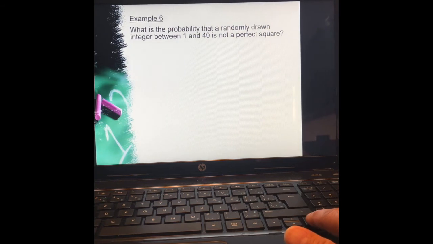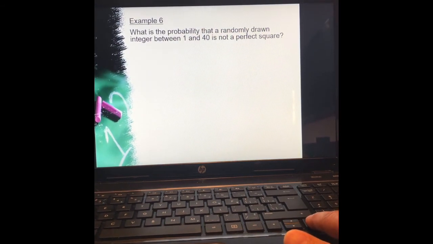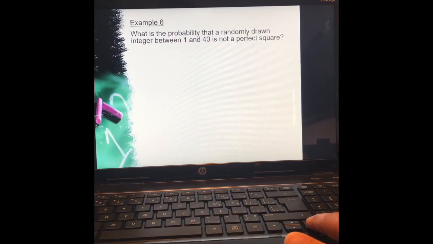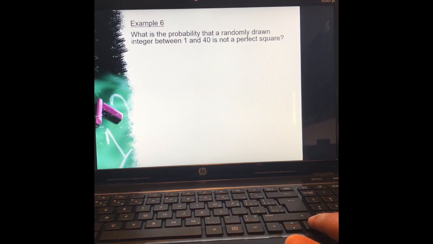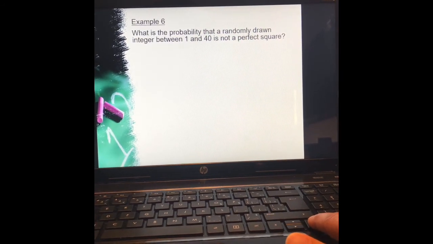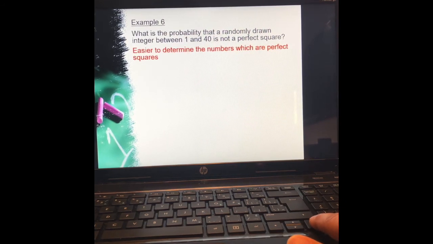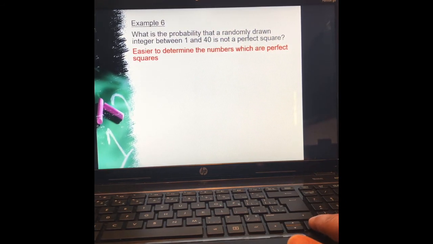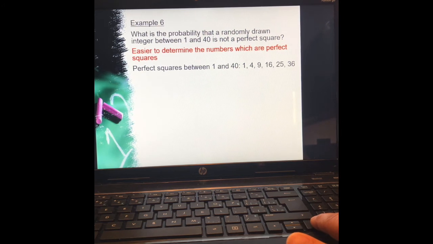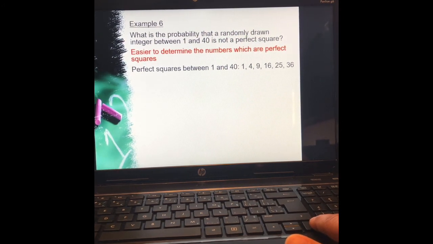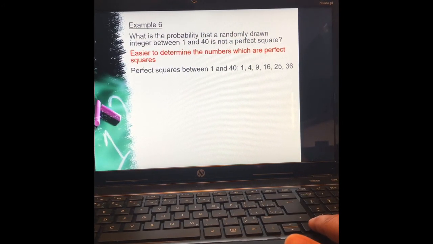What's the probability that a randomly drawn integer between 1 and 40 is not a perfect square? Probably easier to get perfect squares. Easier to determine the number which are perfect squares. Perfect squares: 1, 4, 9, 16, 25, 36. There are 6 out of the 40.